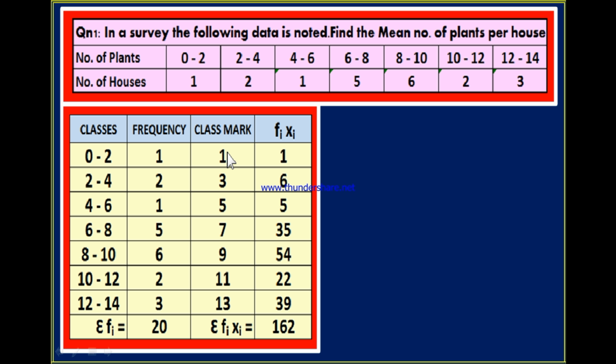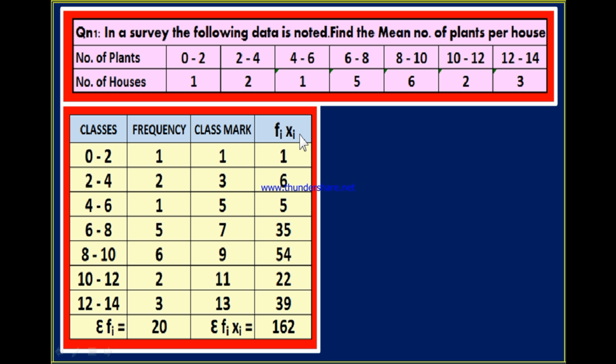The first letter of frequency is F. Therefore, frequency is denoted by F, and the class mark or mid value of the class is denoted with X. Now we have to find the product of frequency and class mark. To find the product of frequency and class mark for each row, that is nothing but F into X. But here we wrote Fi Xi, where i stands for the number of the row.